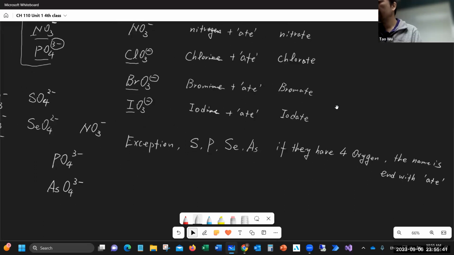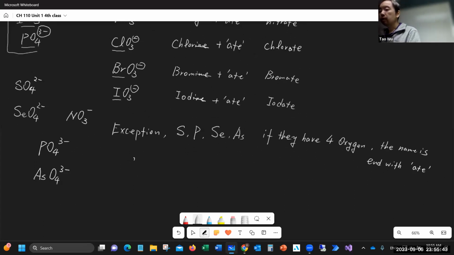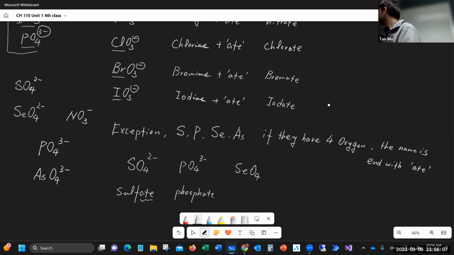So that's why when you write SO4 2 minus, this is called a sulfate. It ends with ATE. PO4 3 minus, this is called a phosphate. It's coming from the phosphorus. SeO4 2 minus, this is called a selenate.